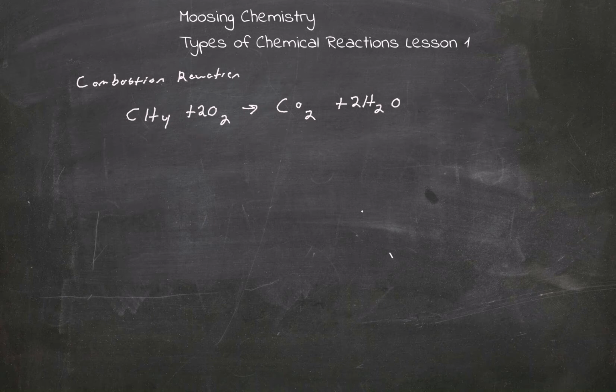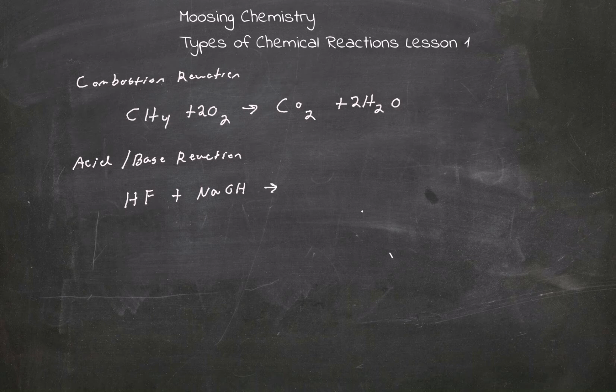So the last type of chemical reaction is called an acid-base reaction. In an acid-base reaction, we're going to combine an acid. Let's say we take the acid HF plus a strong base, sodium hydroxide.